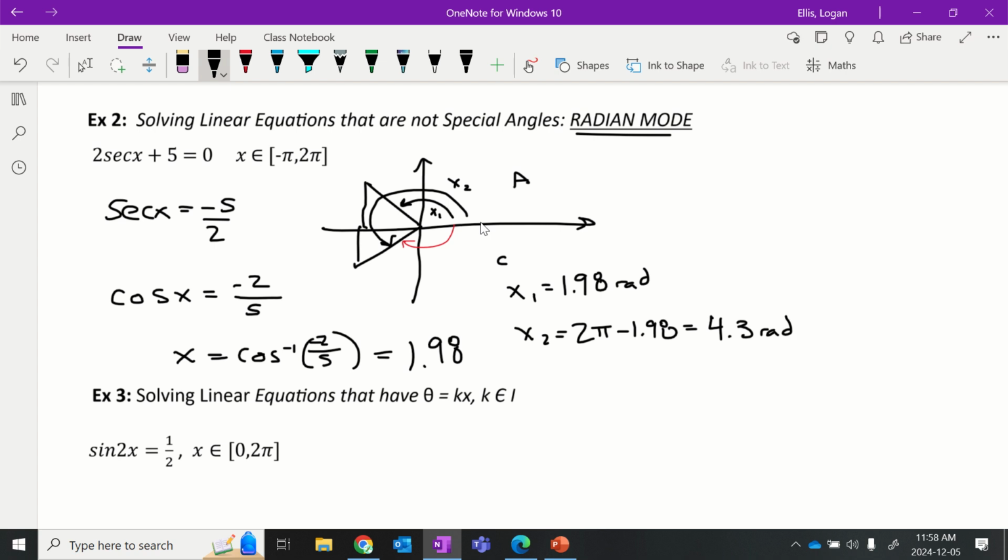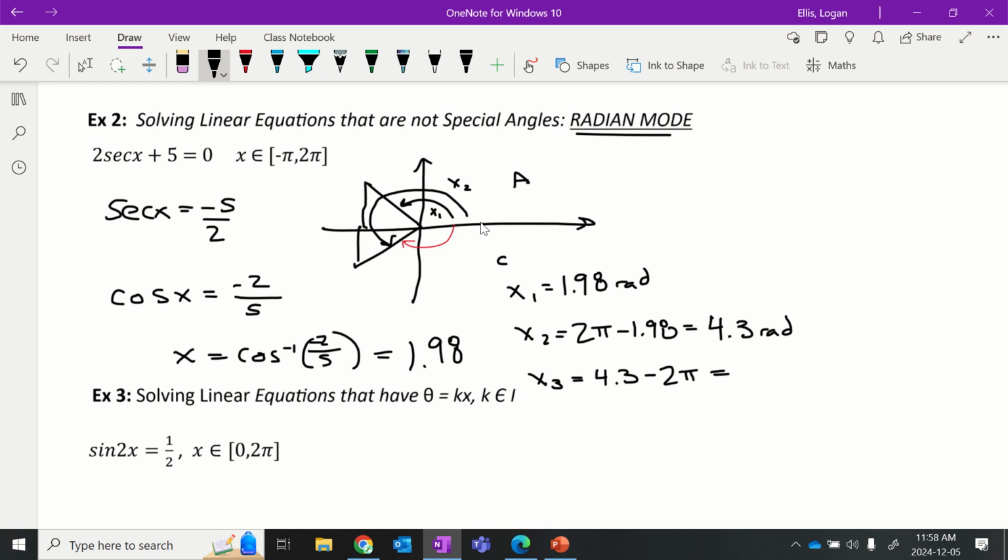Now, remember, we're looking to go back to negative pi as well. And so obviously, if I was subtracting 2 pi from here, we would go all the way around and end up back here, which would be past negative pi. So to get our third x, we'll be taking 4.3 and subtracting 2 pi to go all the way back.